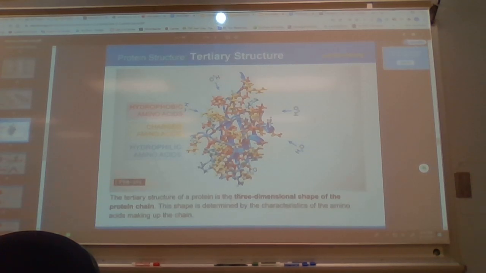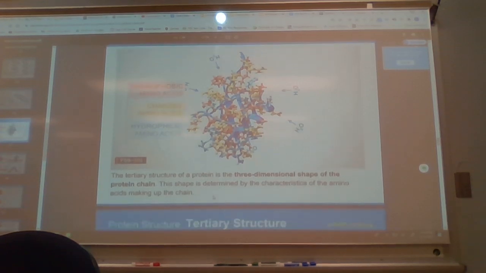This is the 3-dimensional shape of the protein chain. And it's really determined by whether you have hydrophobic, hydrophilic, or charged side chains, and in what order they come in. Sorry, I know this font is probably small for some.